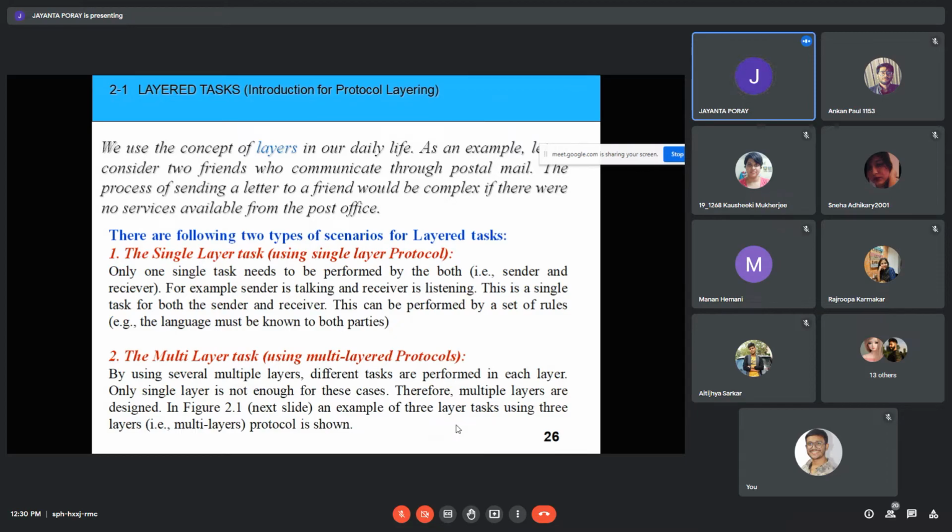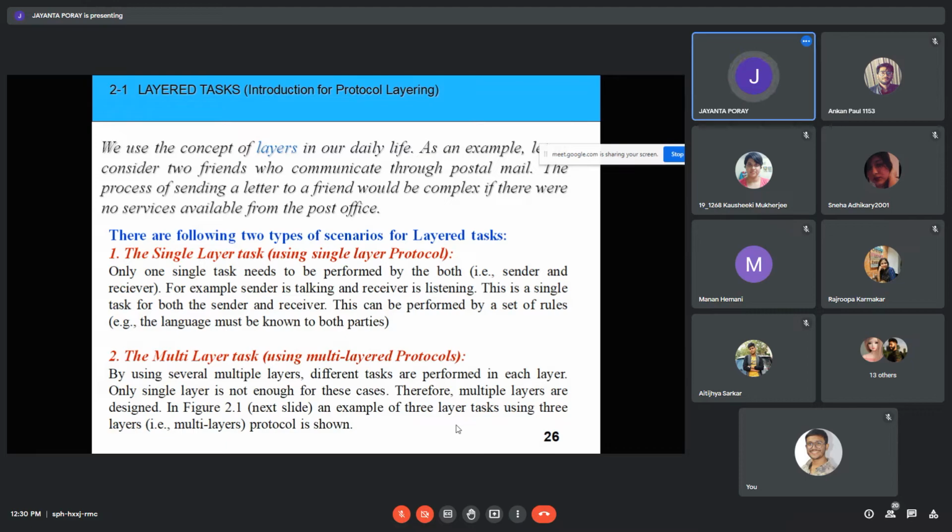So then I can consider this a single layer protocol. For example, a sender is talking and a receiver is listening. Then we don't need multiple layers. That is a typical example of single layer protocols.